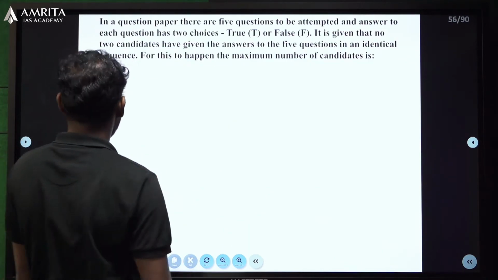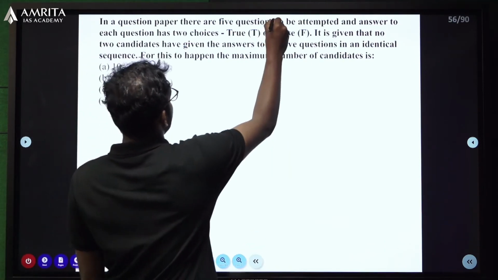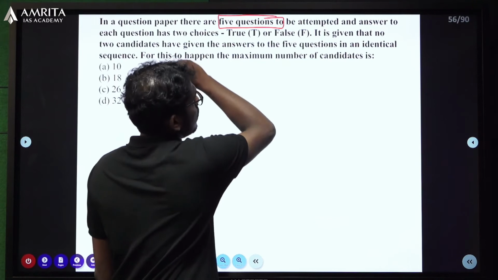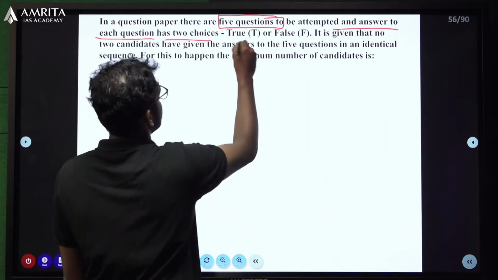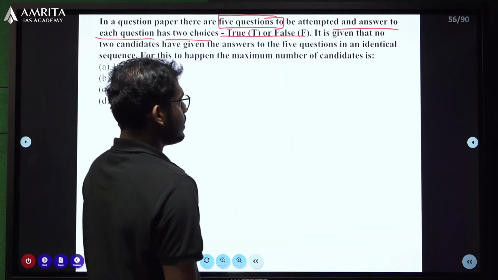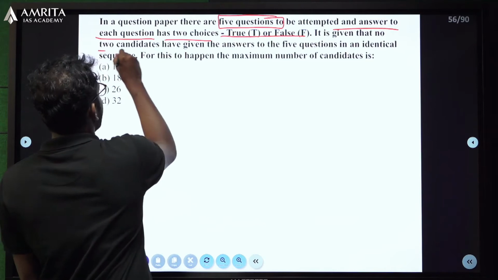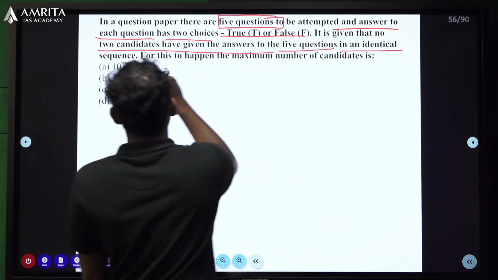Next question. In a question paper, there are 5 questions to be attempted and the answer to each question has 2 choices, true or false. It is given that no 2 candidates have given the answers to the 5 questions in an identical sequence.